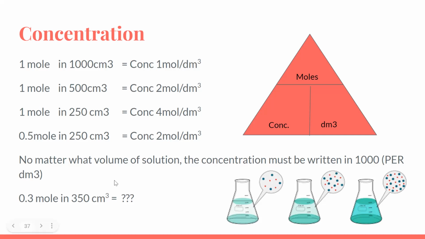And we looked at this question here and we said, okay, if we have 0.3 moles and 350 cm cubed, how do you find the concentration? Well, first it's dm cubed. So we convert cm cubed to dm cubed, and that will give us 0.35 dm cubed. So you put 0.3 over 0.35, and we got something like 0.85.